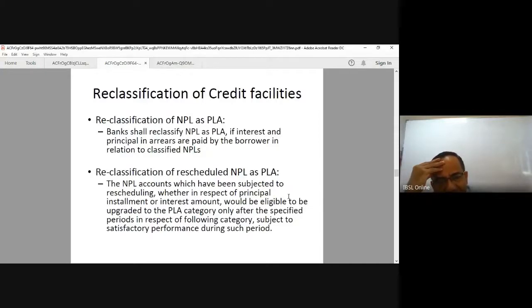So you will reclassify non-performing advances as performing loans only if all the installments are cleared, right? Let us say there are about 3 or 4 installments or 8 installments overdue. Only if all the installments are cleared can you reclassify.